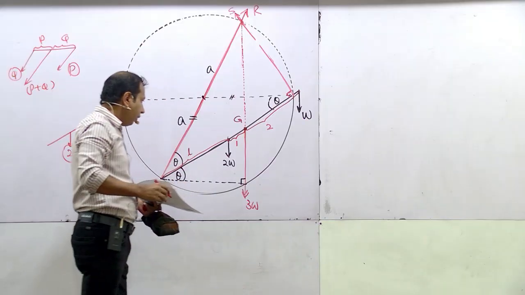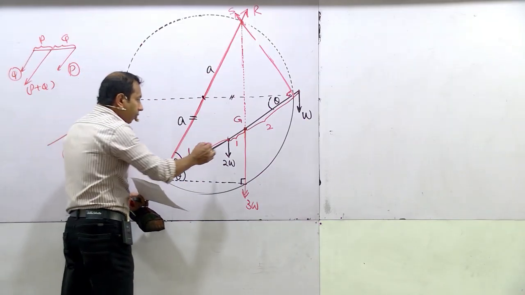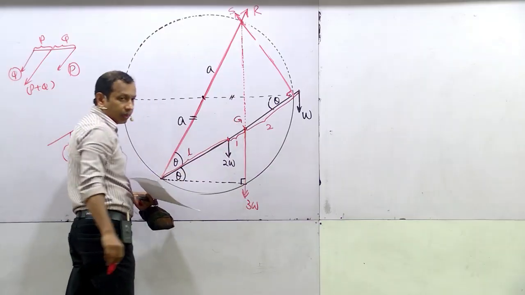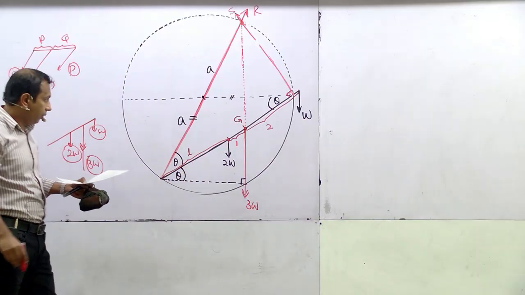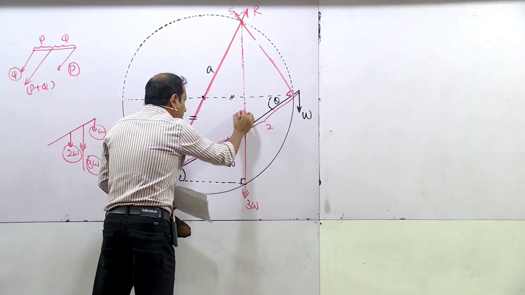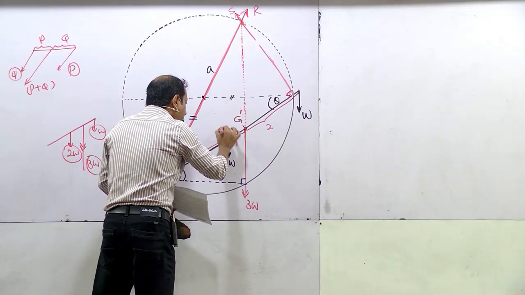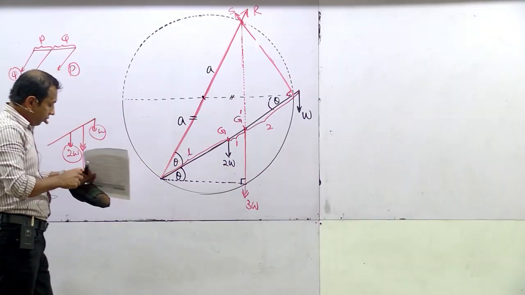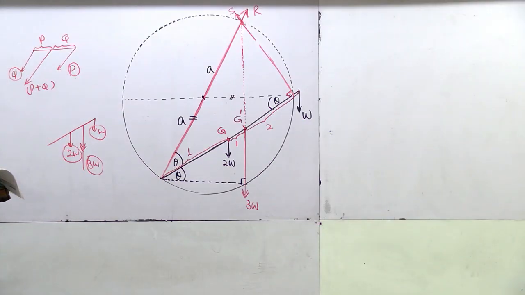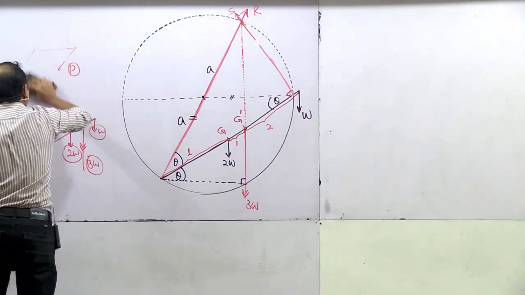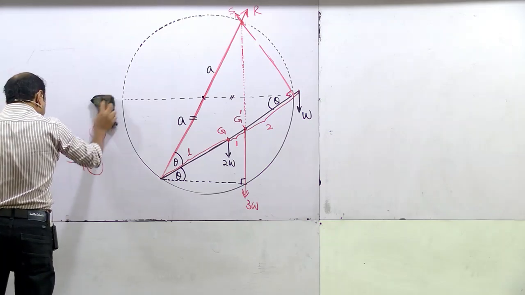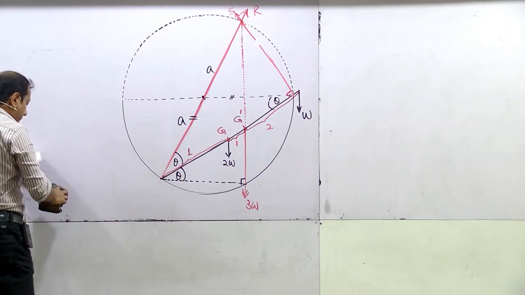Then I am supposed to find this length from here to here. If I take this as G dash and this as G, now this GG dash length we can find.